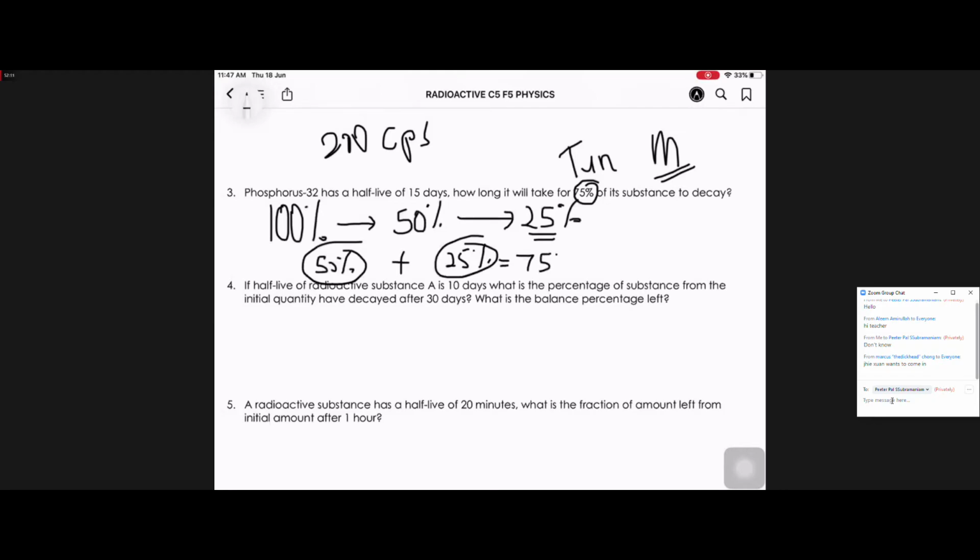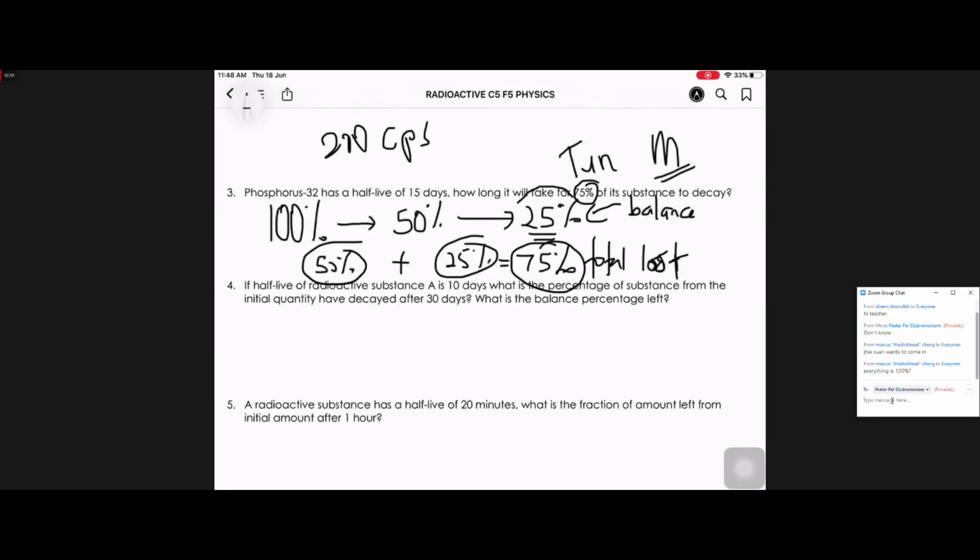The total loss is 75% gone, so 75% has decayed. The amount decayed is 75%. What is the remaining balance? The balance is 25%.